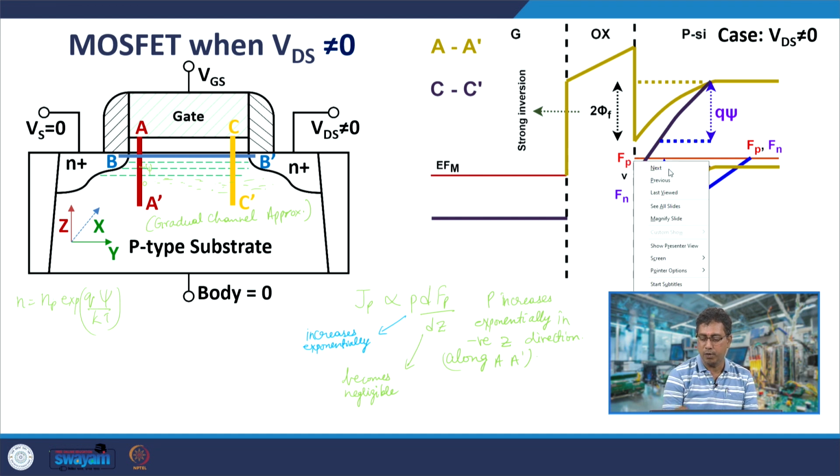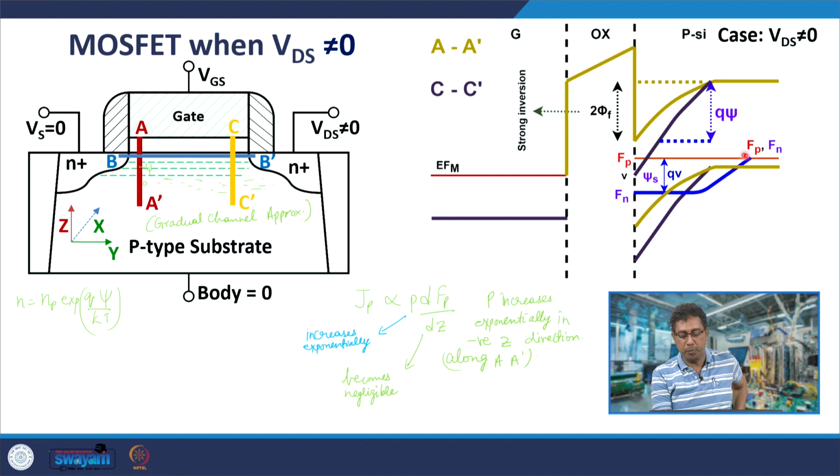We are saying that the quasi-Fermi level of holes would be horizontal as you move towards the bulk, and the quasi-Fermi level of electrons would be horizontal as you move towards the interface. So, therefore, both the quasi-Fermi levels would match with each other and would remain horizontal all along the depletion region from bulk to the silicon dioxide interface at the source edge of the channel.